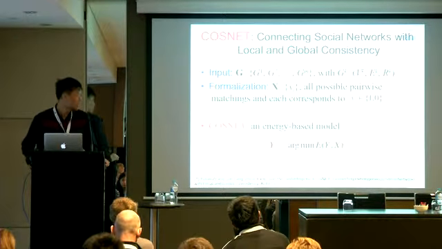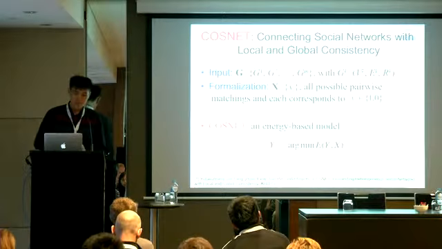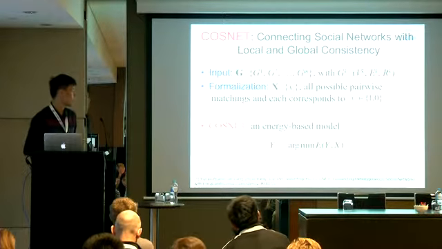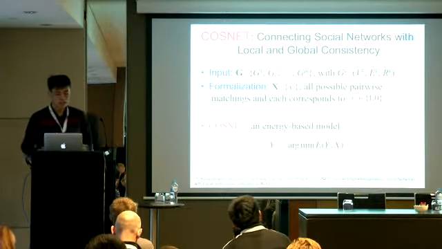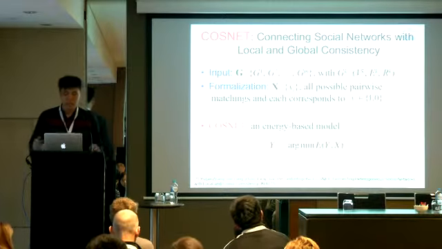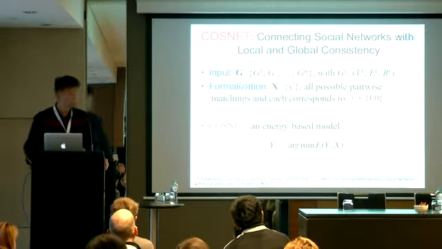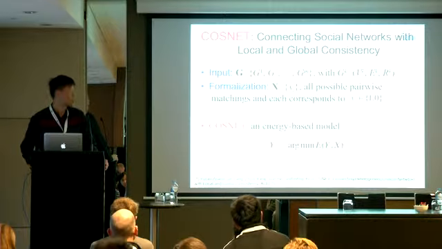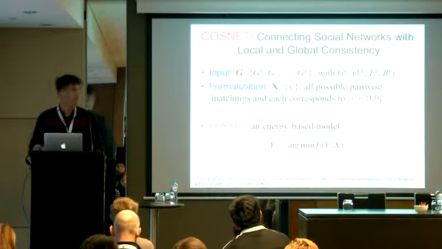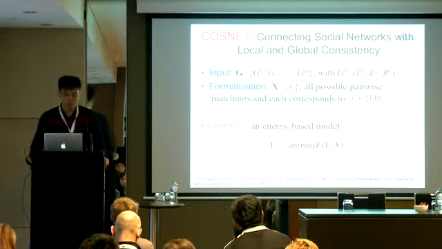Basically, the problem is defined as a binary classification problem. To tackle this problem, we propose a method called CoSNet. It stands for connecting social networks with local and global consistency. It's defined as an energy-based model.